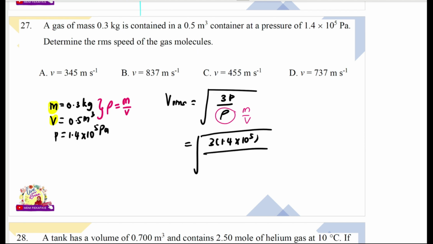Okay. And M over V. M is, check betul-betul M mesti dalam kg. Volume mesti dalam meter cube. Kalau dalam centimeter cube, you tukar dulu. Alright, jangan careless. So the answer is 836 yang saya dapat. So the answer is B. Okay. Finish. And then 28.